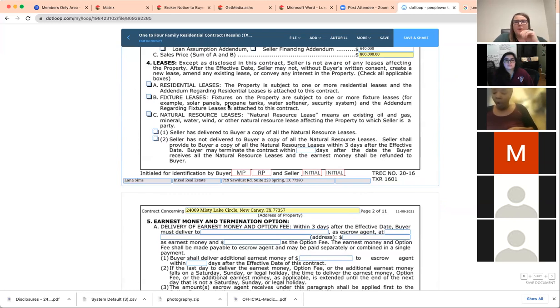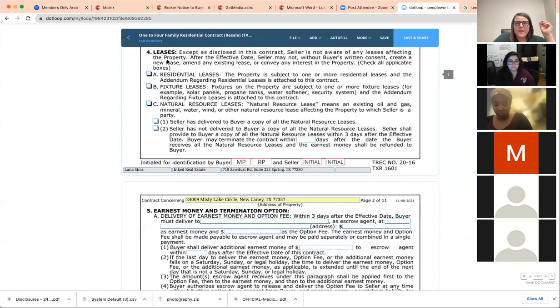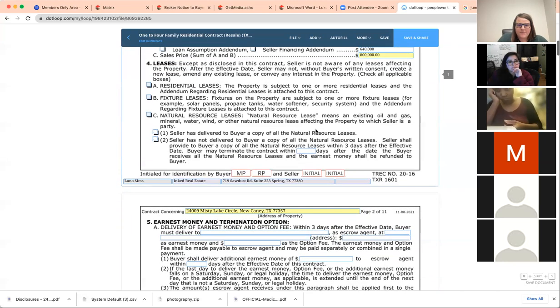And so just be aware that if there is a residential lease, you want to check A off, because there is an addendum for it, and that addendum gets your client the rights to get the copy of the lease, to understand the credit and background history and the pay history of the tenant. It gives your client more information, especially for investors, knowing what type of tenant is in their property.